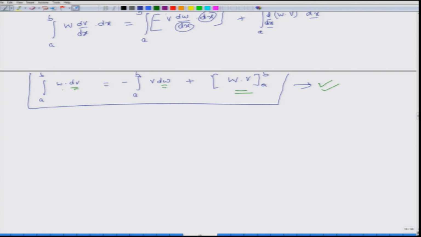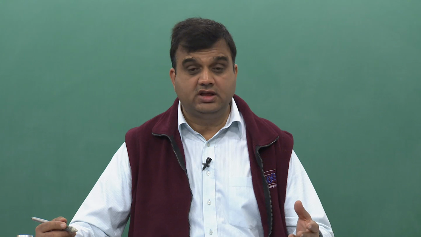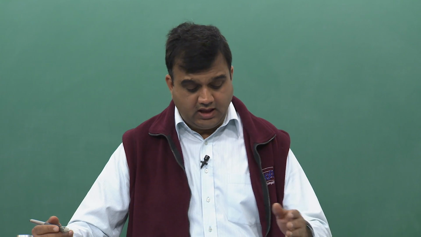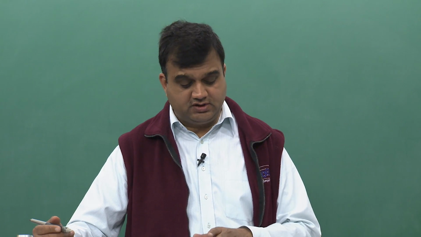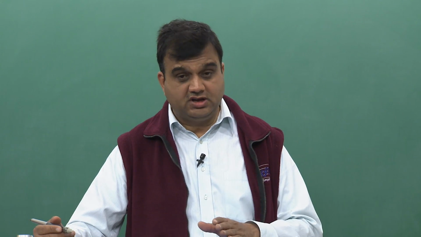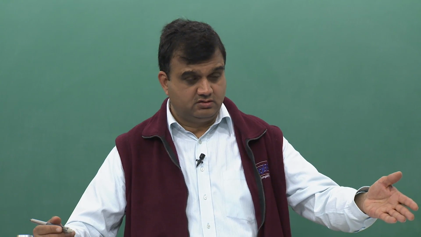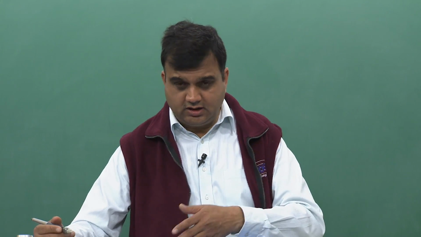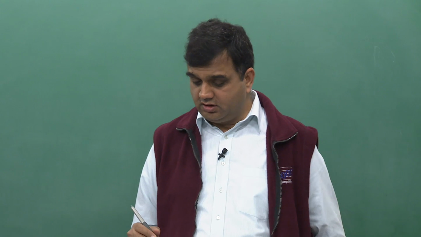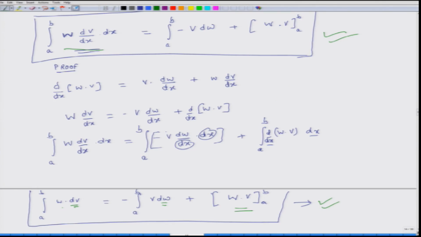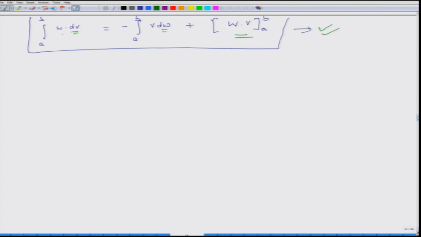So, we are transferring differentiability from v. In our case, v could be the residue and w could be the weight function, and through this method we are able to transfer differentiability from the residue to the weight function. Why that is important, we will see a little later, but this is something important to note. So, this is for this function w times dv over dx.